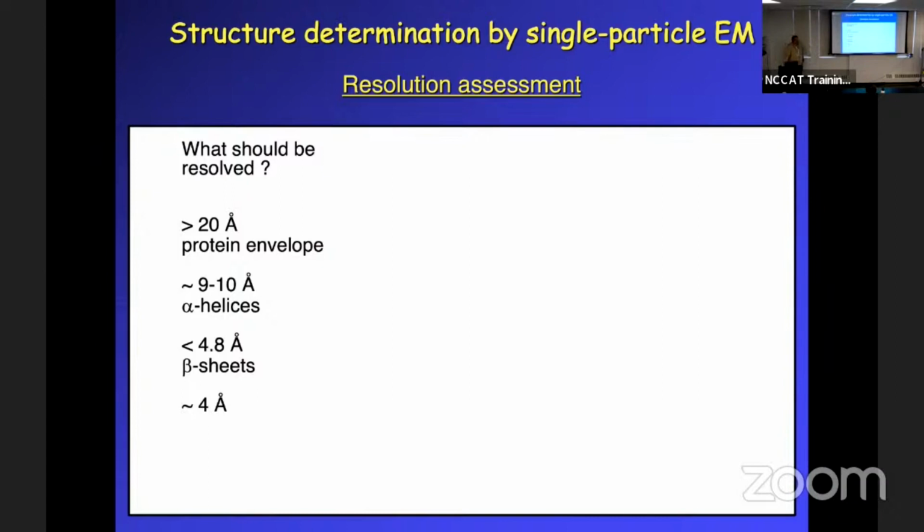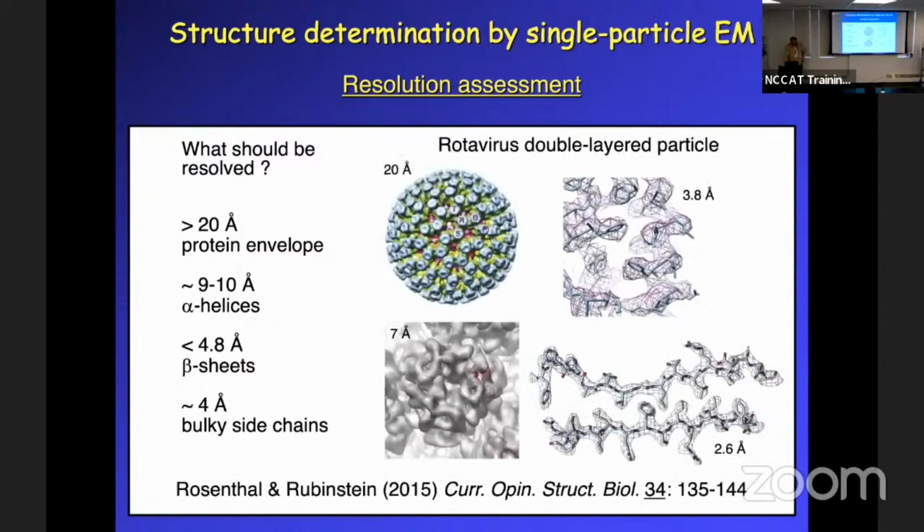Which are the ones that you're going to see first? Aromatics. You're going to see the tryptophans, tyrosines, and so on. That's because your map will have very different resolution in different parts. These are the things you want to see if your resolution is at a certain level. And there's a very nice paper by Peter Rosenthal and John Rubinstein talking about this.